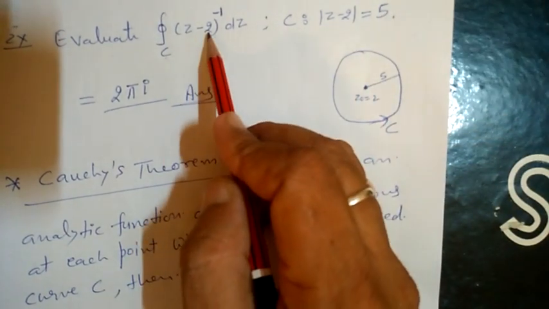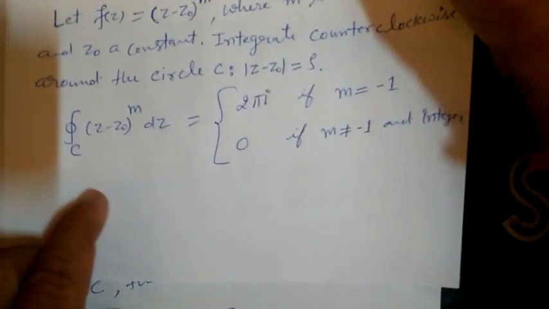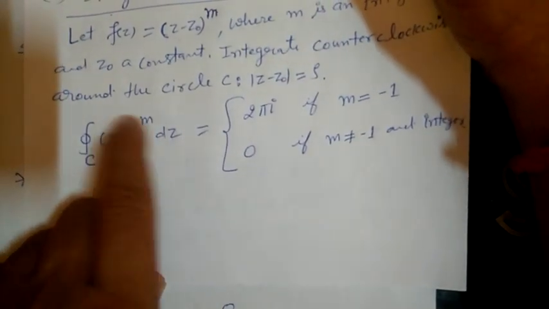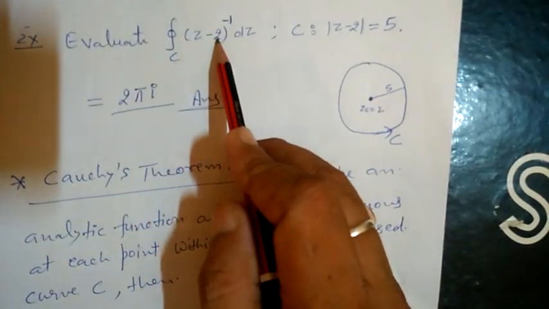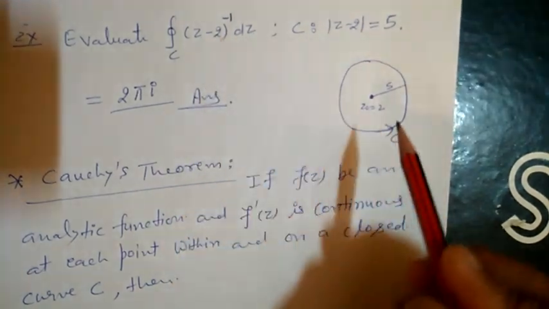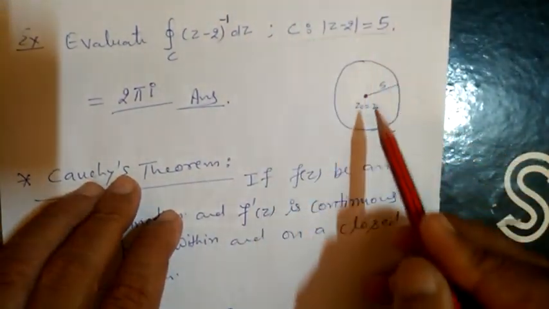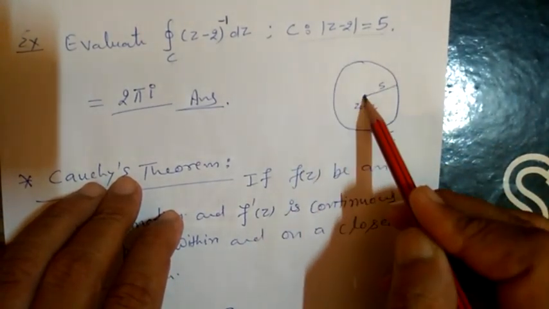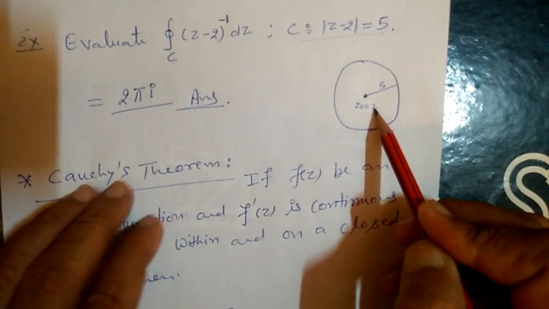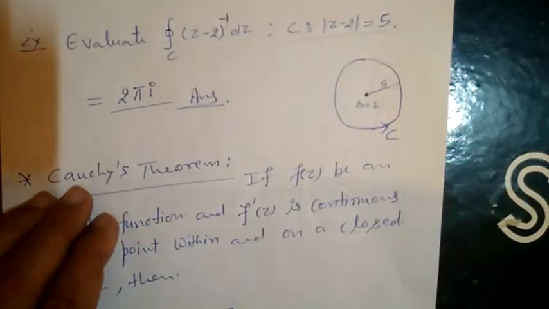If we compare this integral with the above, z naught is equal to 2 and m is equal to minus 1. If we draw the graph of the given closed circle C, this is the radius of this circle and this is the point z naught is equal to 2. So this value is 2 pi I because m is equal to minus 1.